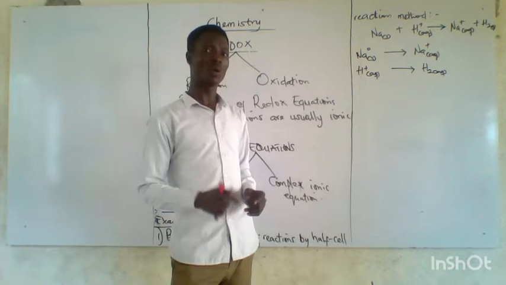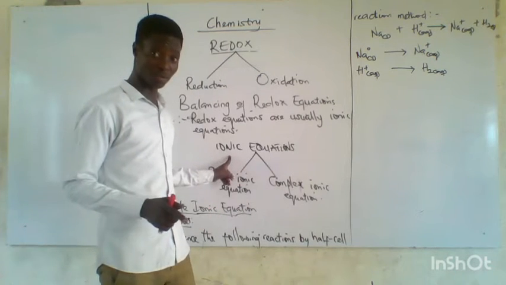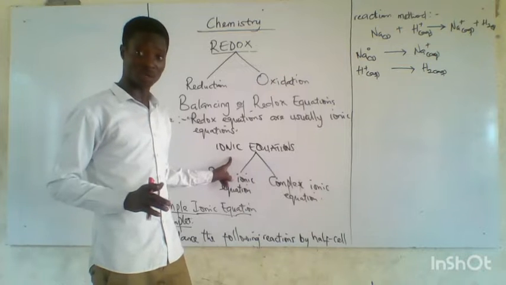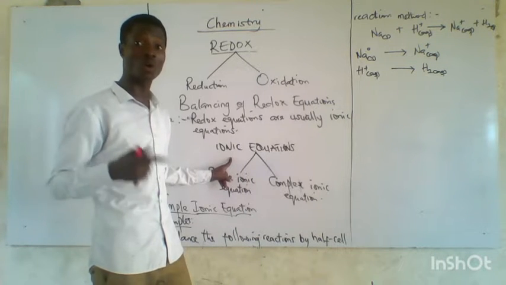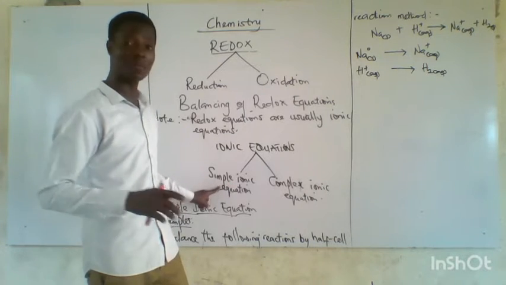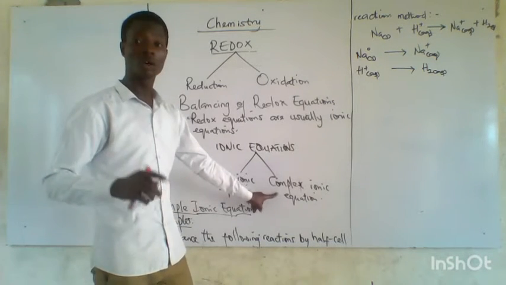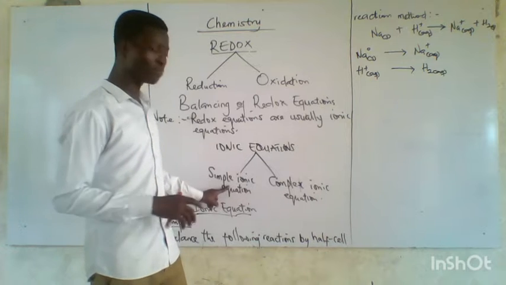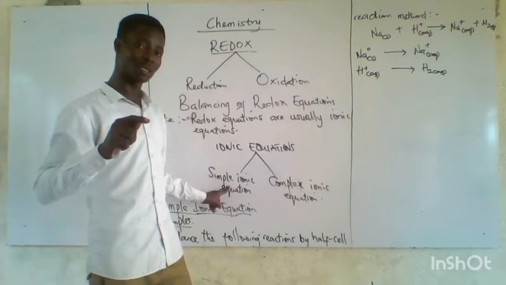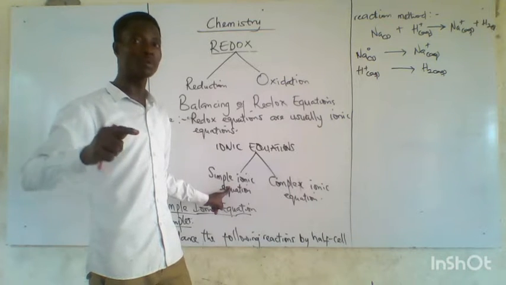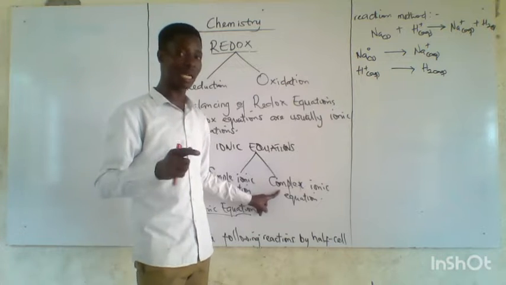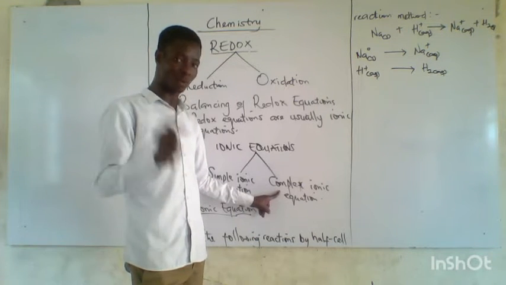In a nutshell, redox equations come in an ionic form, and it can either be simple or complex. So when it is simple, how will I know? When it is lacking the presence of oxygen, it is a simple equation. When there is presence of oxygen there, it will be a complex equation.